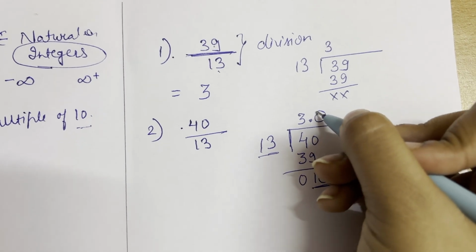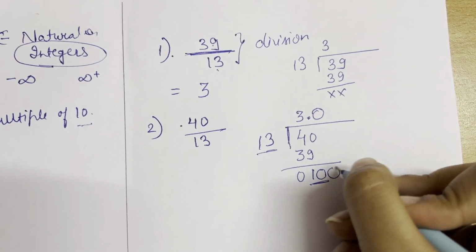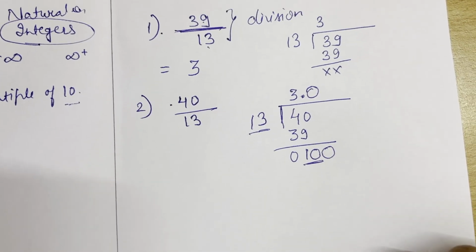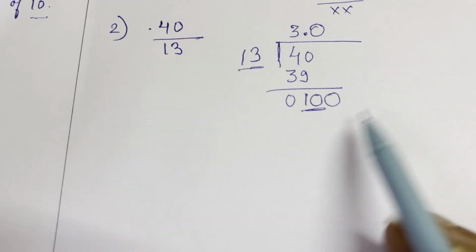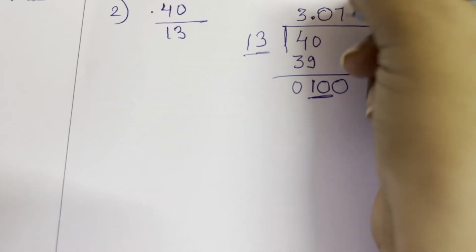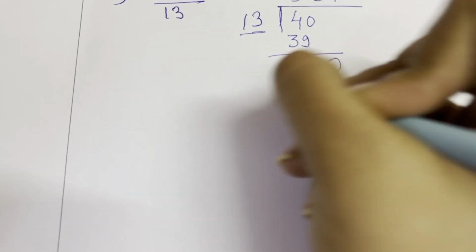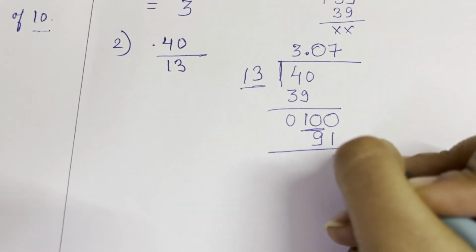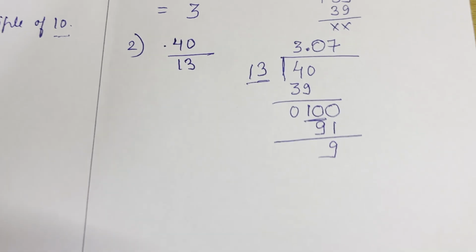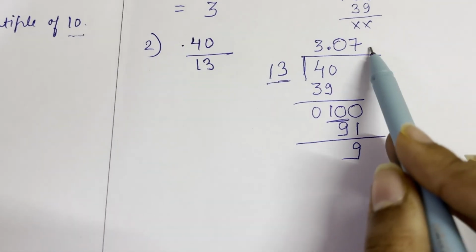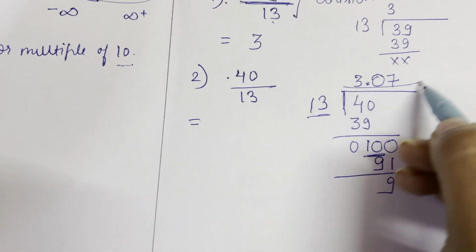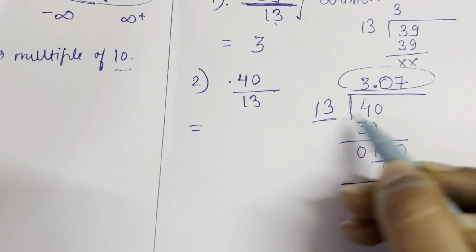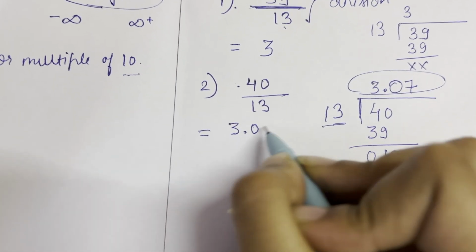Again, I'll put a 0 here and a 0 again here as per the rule of divisions. I know this 100 is divisible by 13 in 7 times. I could take 91 here. My remainder now is 9. If I go further, the series will continue and I'll get more digits after the decimal point. But here what I got to know is that on dividing 40 by 13 we got 3.07.